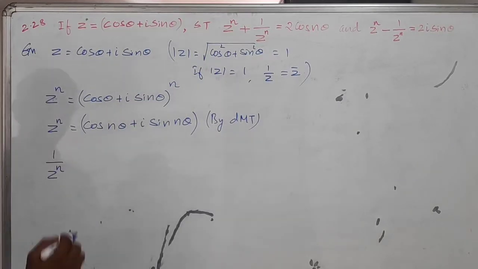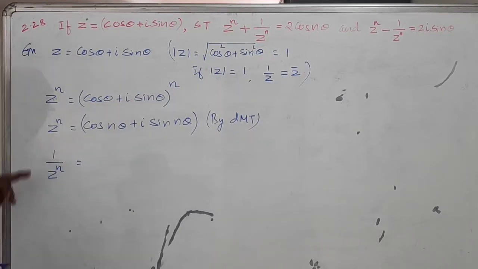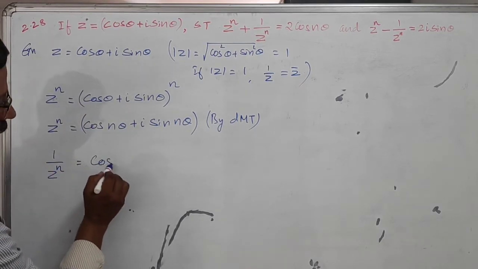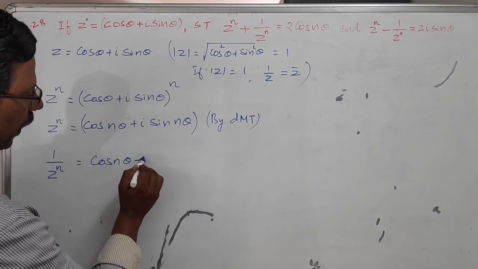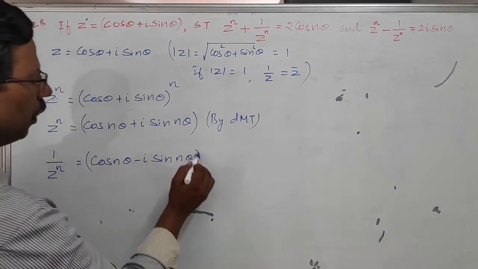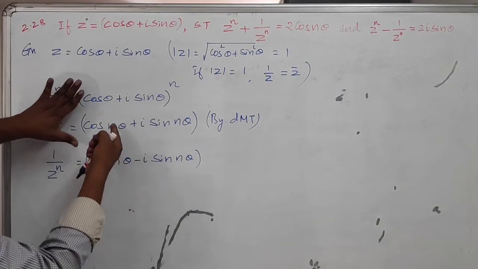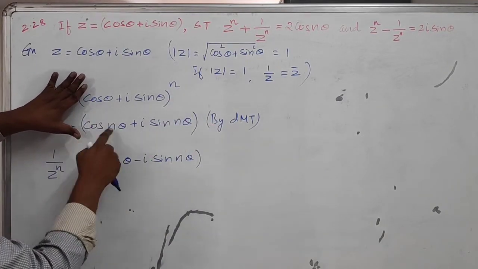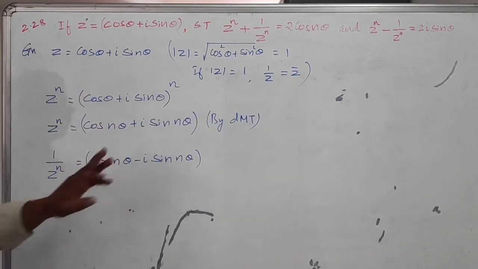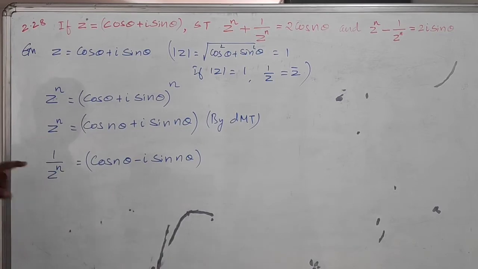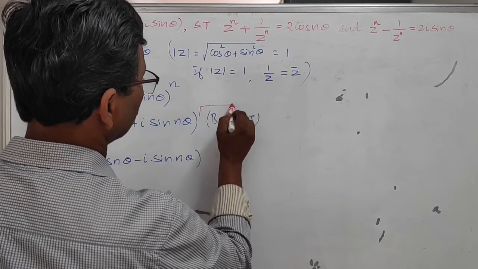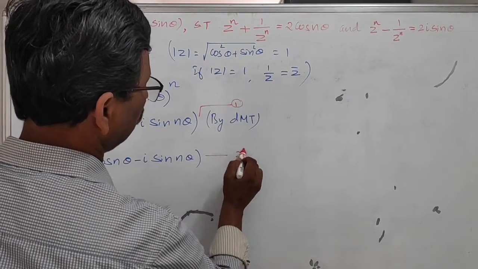Now it is its conjugate, so you can write cos n theta minus i sin n theta. If you consider this as z, its modulus value is also equal to 1, because cos square n theta plus sin square n theta is equal to 1. Therefore, you can directly write its conjugate to find its reciprocal. Now, you can take this as result number 1, this as result number 2.